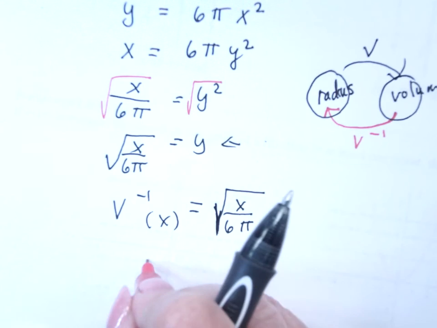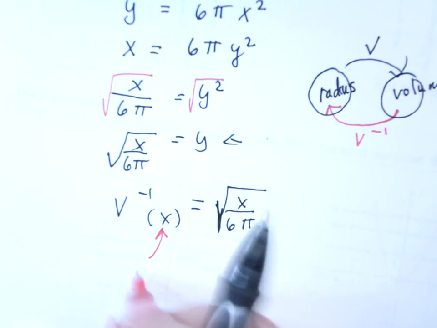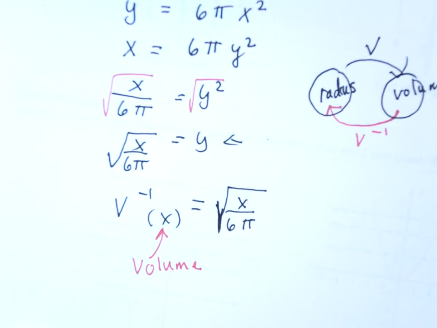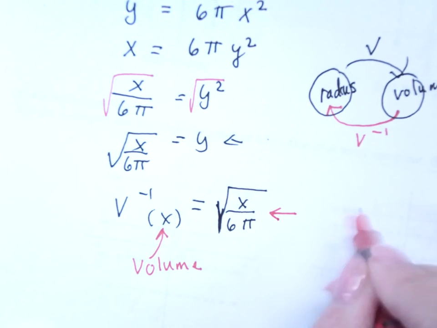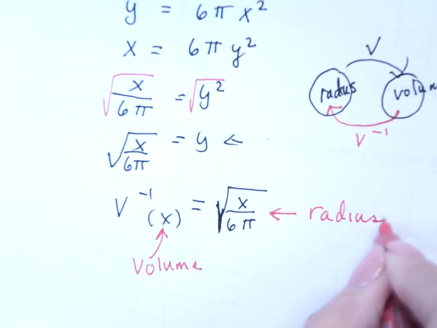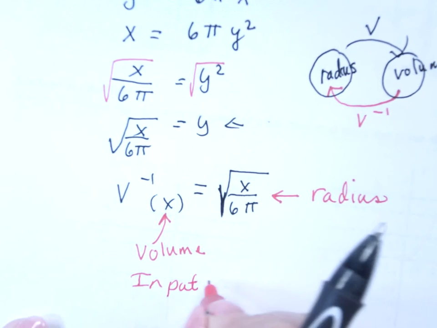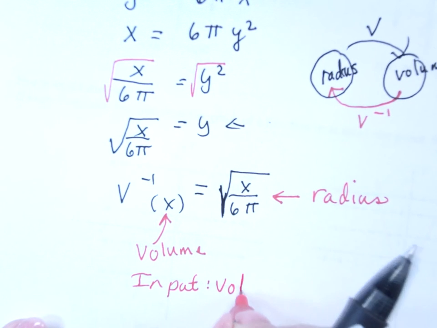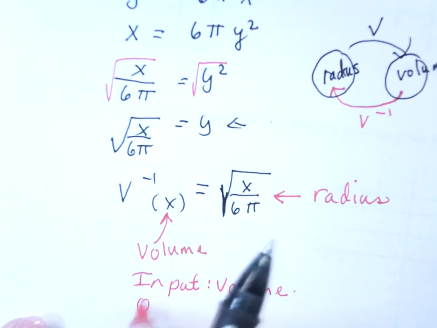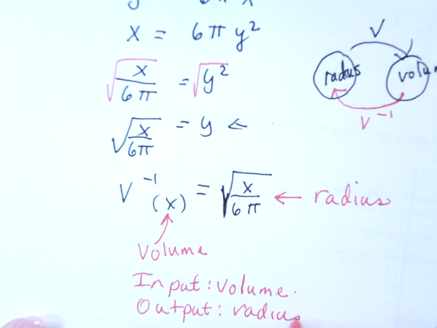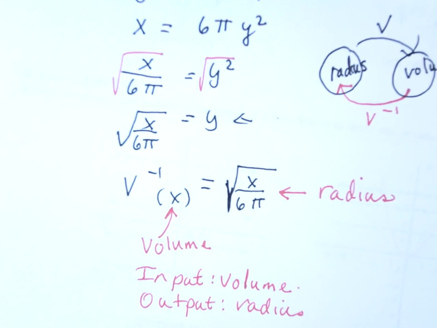That means these x values here are volumes, and that is your radius. So the input is volume, and the output is radius. Input is volume, output is radius.